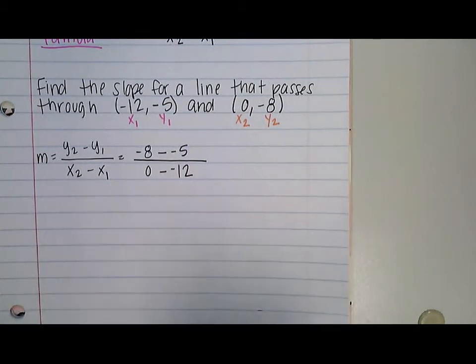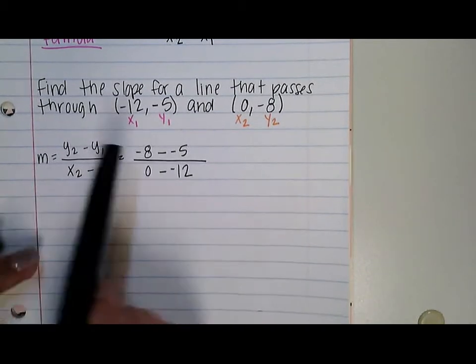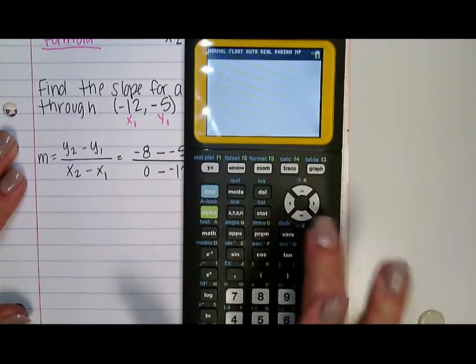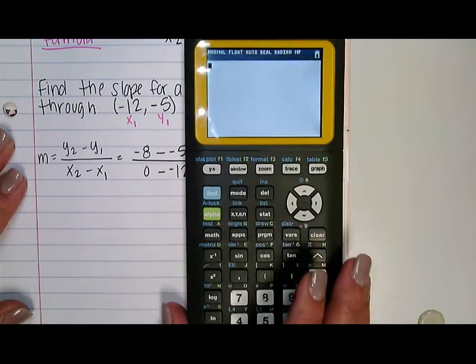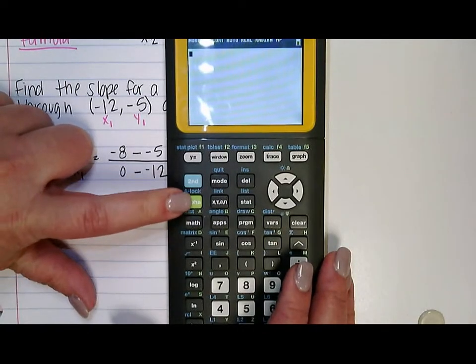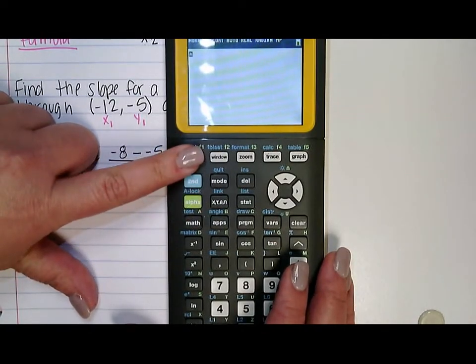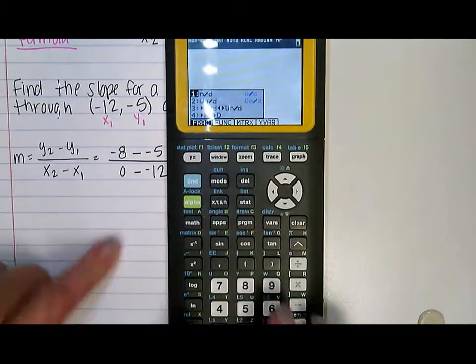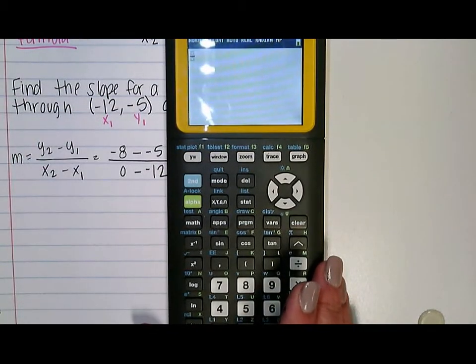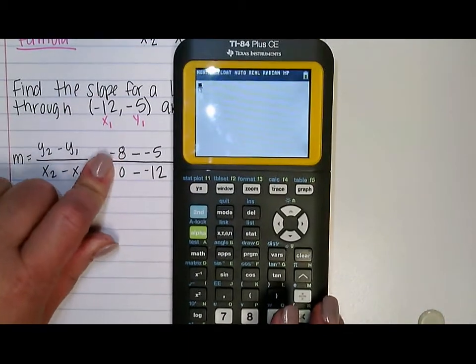Okay, and then from there, we're going to leave it pretty much just like that. And this is where you can use the calculator. Clear that out. On the calculator, we use the alpha, the green button, y equals, and that first one, number 1. And we're going to type in what's on the top.